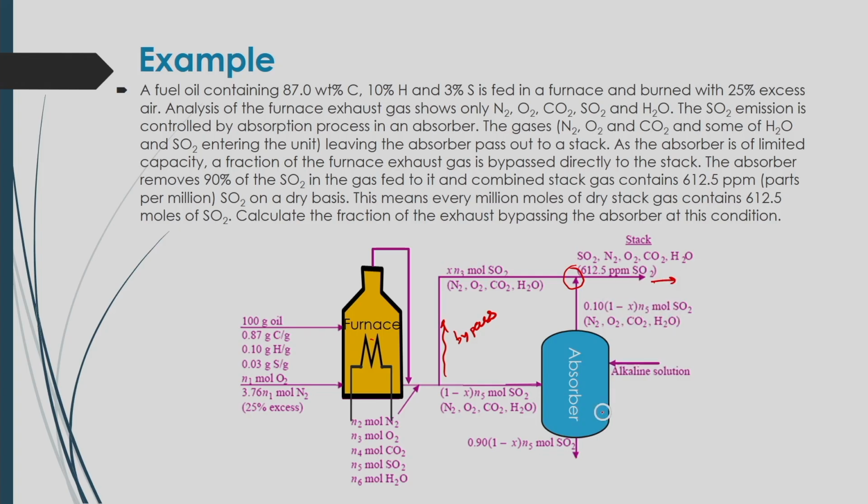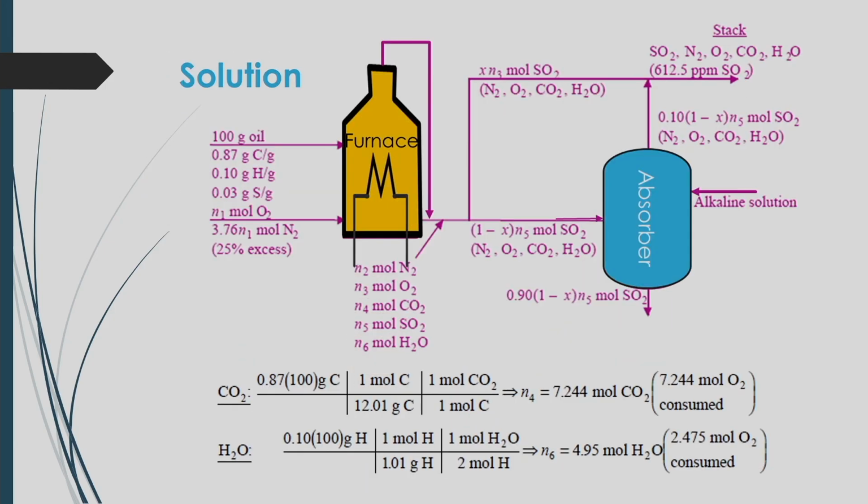Some amount of the sulfur dioxide will be taken out from the absorber after absorption, as shown in the flow chart. Accordingly, you have to calculate the fraction of the exhaust bypassing the absorber at this condition.